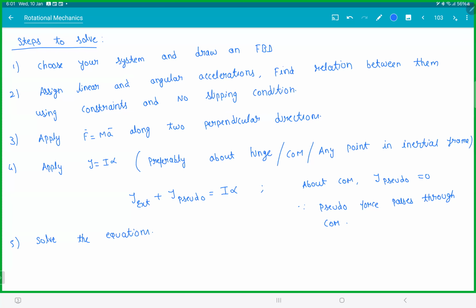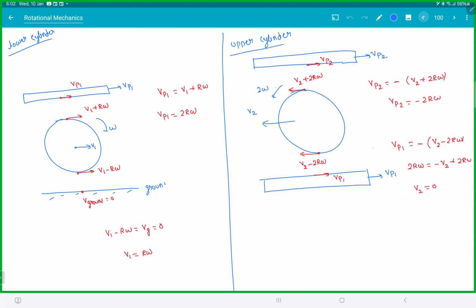Clear? Can I go ahead? Vidyut? Clear? Yasha? Clear so far? Ali? Neil? Palaksh? Perfect. Let's go ahead.